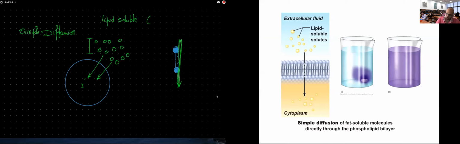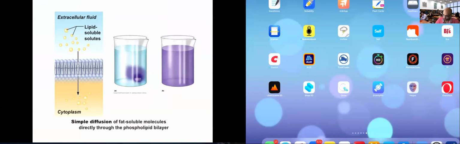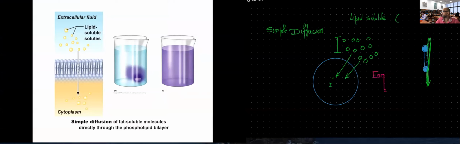And simple diffusion, did you pay anything? Did you need to consume energy? This is how you pay in order to allow this membrane transport to take place. What do you think? Do you need to pay in order to allow this lipid soluble substance to travel down its concentration gradient?